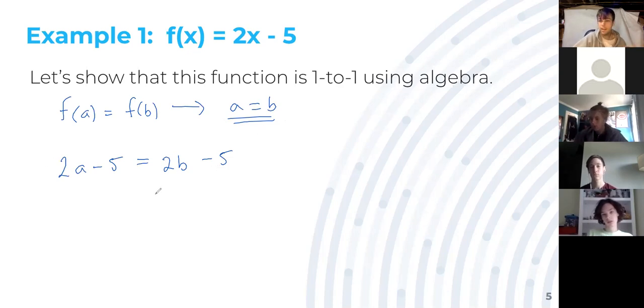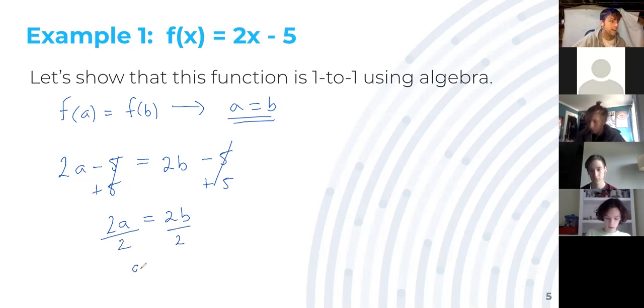Well, that's pretty easy. I can just cancel everything out here that's not the a and b, and I'll be left with a equals b. So I just add 5 to both sides, which gets rid of that. So I get 2a equals 2b. And then I just divide both sides by 2, which I'm allowed to do. So I get that a equals b.